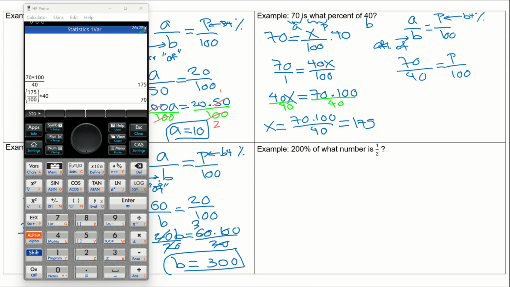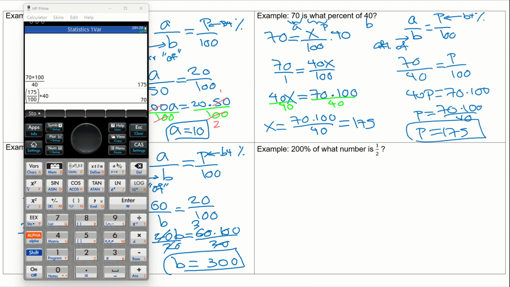Now we go ahead and cross multiply, so we get 40P equals 70 times 100. Divide both sides by 40, we get P equals 70 times 100 over 40, which we've already calculated to be 175. All right.